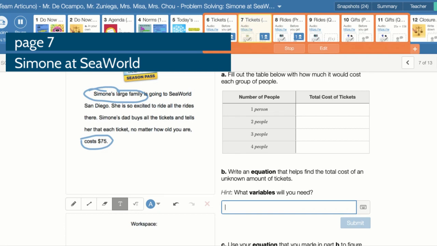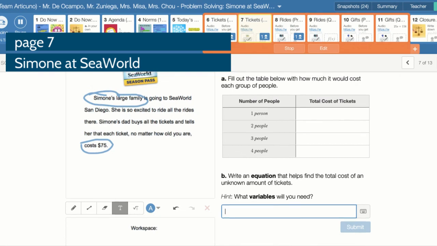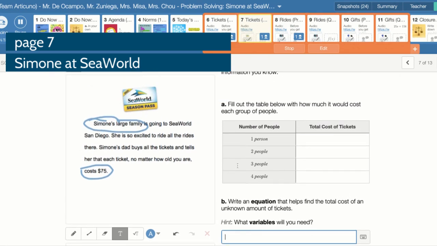Well, here's another question that I want to ask you all. When we're using variables, we need to think about what we don't know, okay? So what do we not know in this problem? Do we know how many people are paying for tickets? Okay. No, we don't.